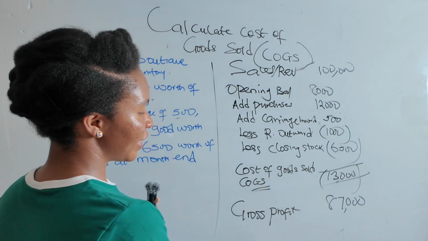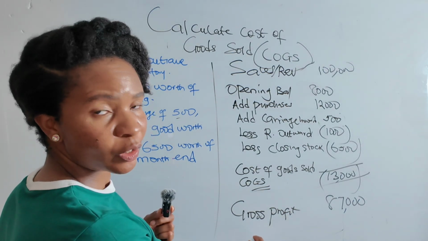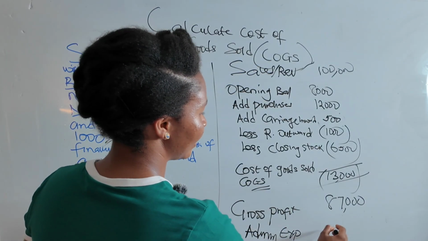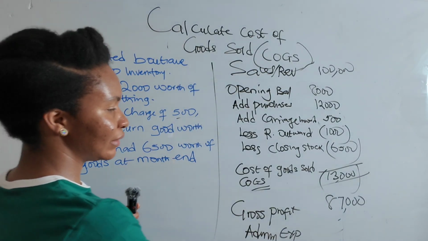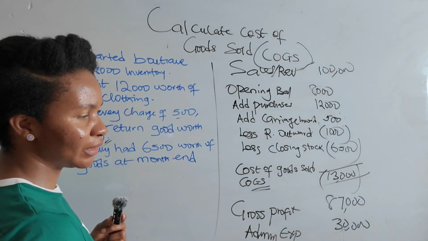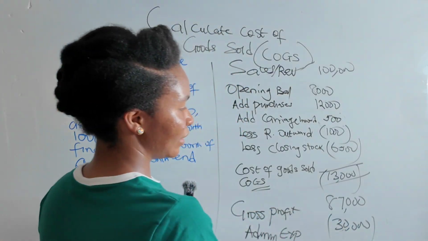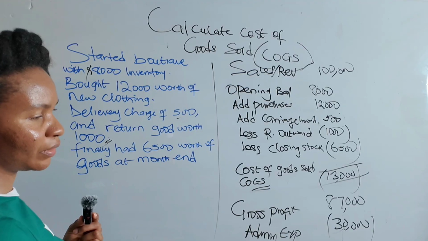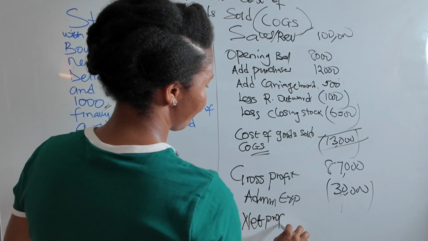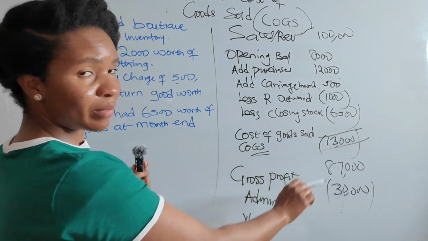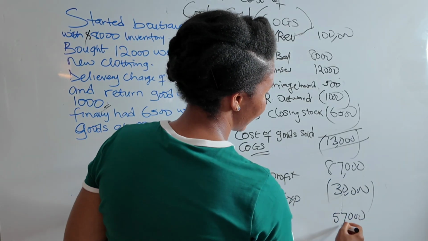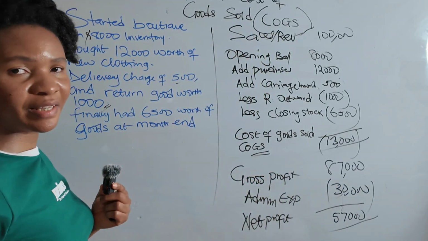From this gross profit, you can now deduct all your admin expenses. Let's imagine your admin expenses were 30,000. Once you deduct 30,000 from 87,000, that will give you 57,000, and this is your final net profit.